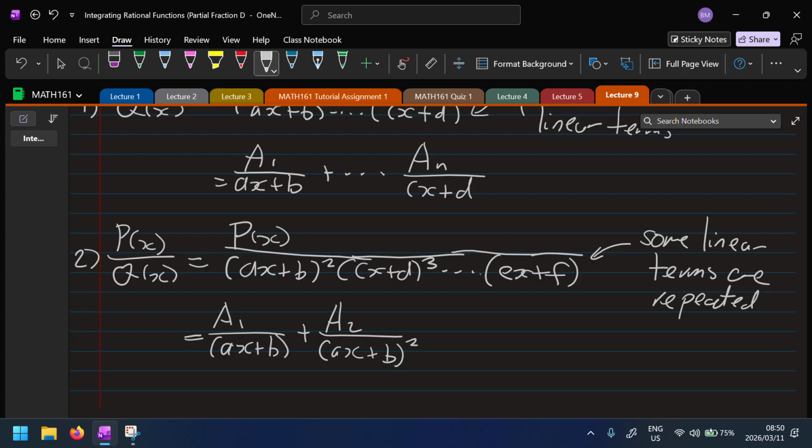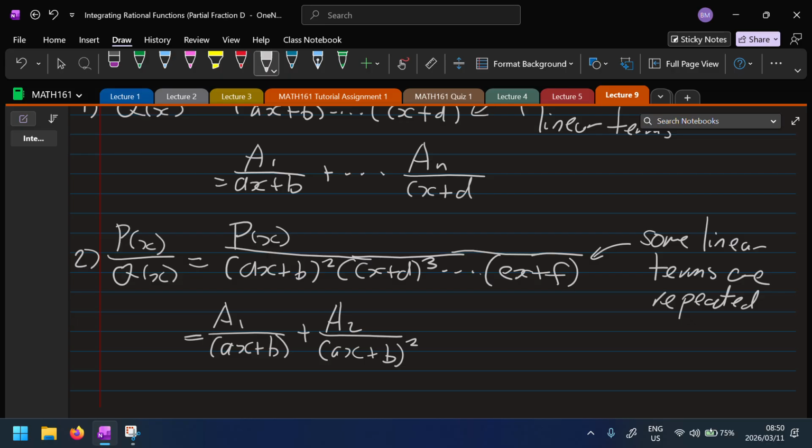Again, you don't need to know where this comes from. We're not looking at that. You just need to follow the rules for the different cases. If it's repeated twice in the bottom, we're going to have two terms in the decomposition: one where it's linear, one where it's quadratic. Now, for the next one, it's cubed. You can guess what we're going to do for that.